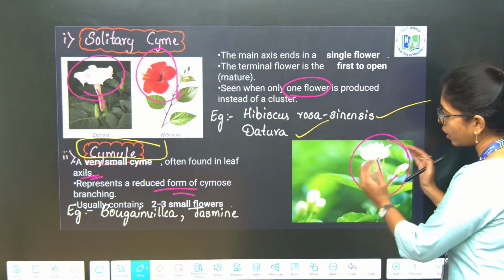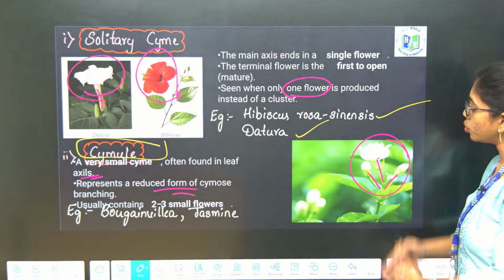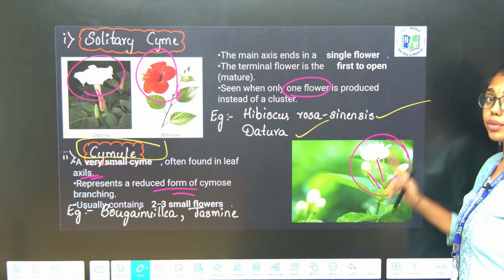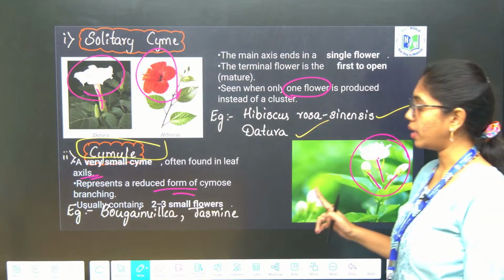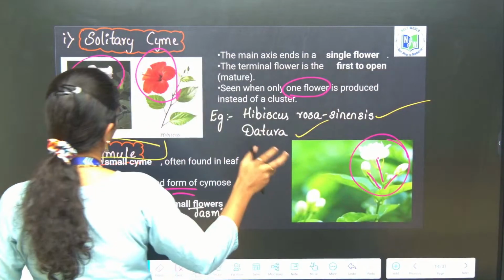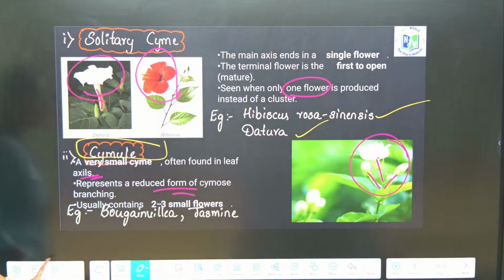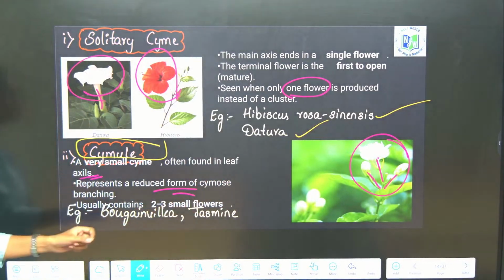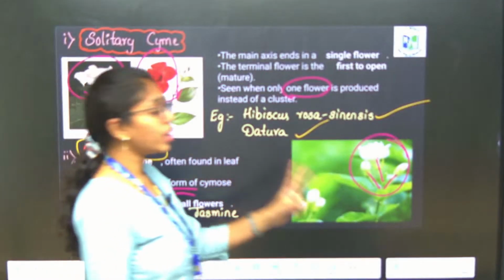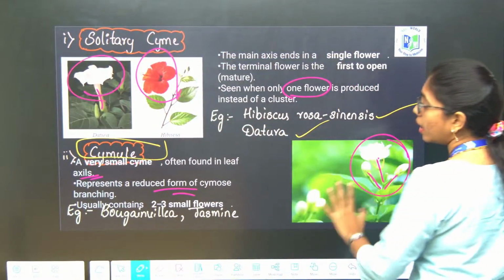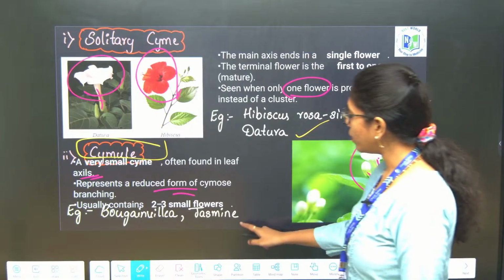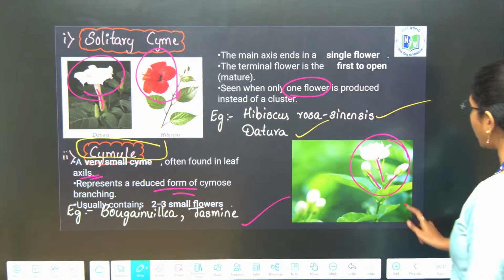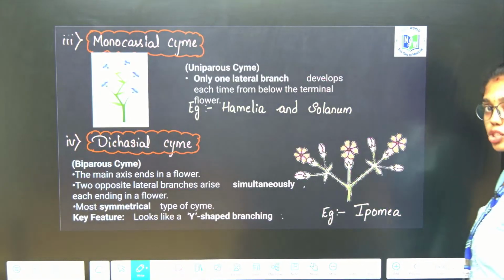Examples include bougainvillea and jasmine.